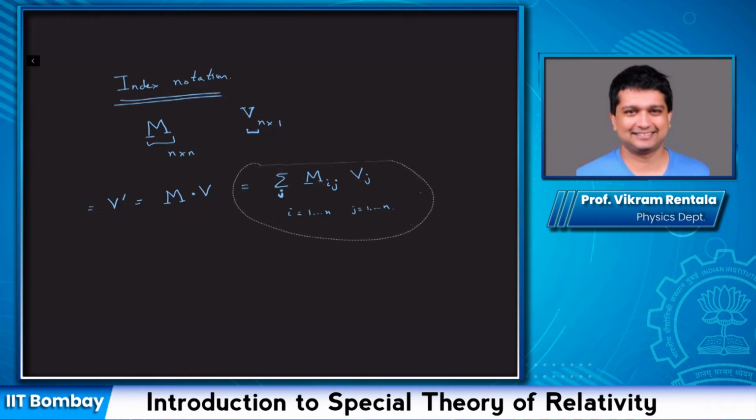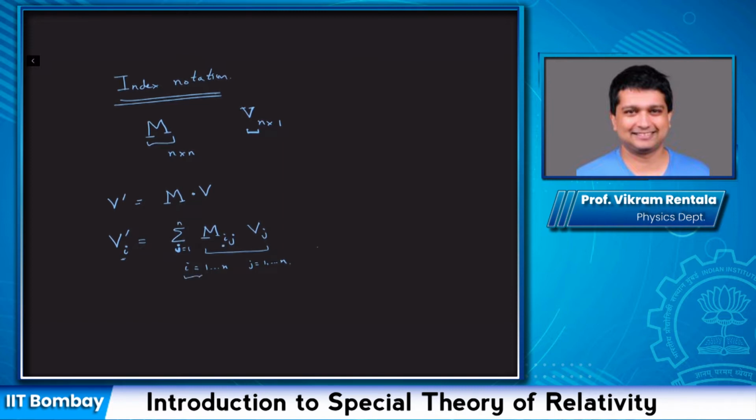So let me just move this down here. So v prime, if I take the ith entry of v prime, it's related to the matrix product in index notation in this way. Note that the only thing that we're summing is over j, where j goes from 1 to n. On both sides, I is a free index, which means we have to make a choice of what I is from the list of 1 through n.